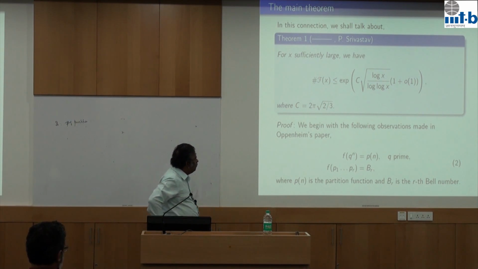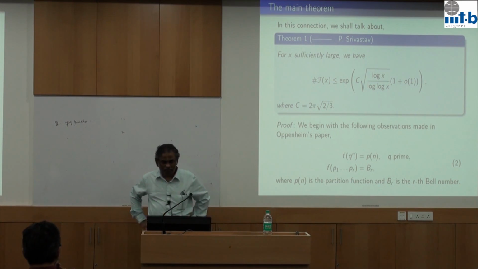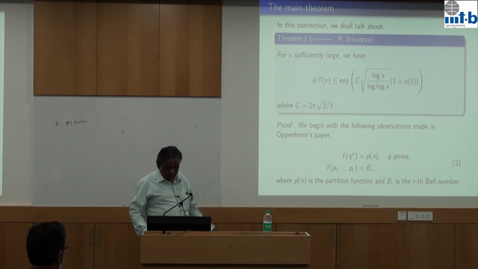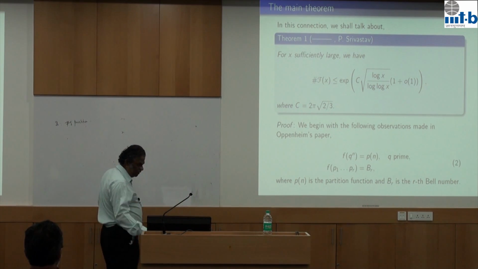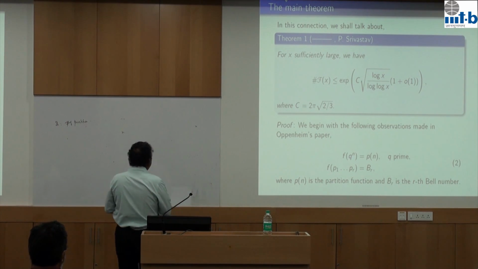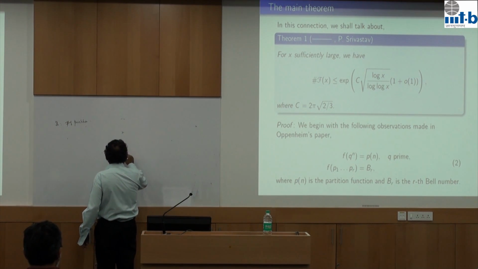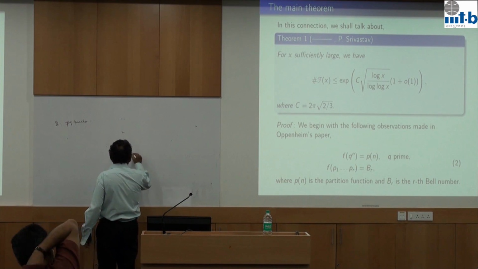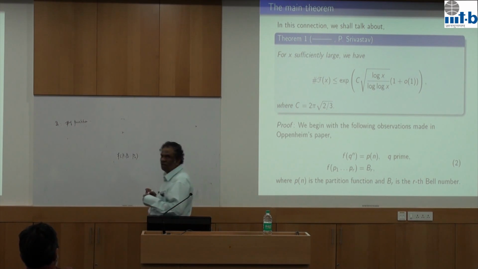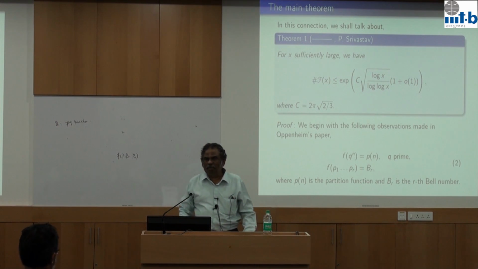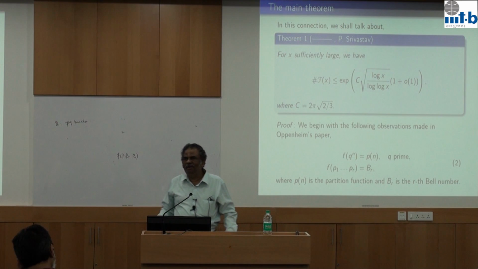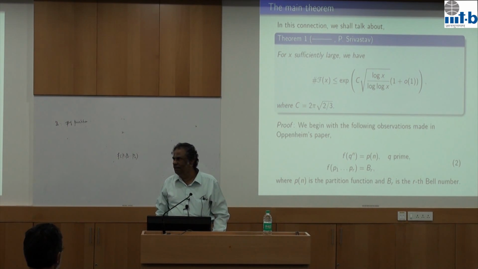Okay. Therefore, first of all, let's make some observations. If you take an nth power, how many ways can p1, p2, etc. pr be written as a product of distinct integers bigger than 1? Okay. And this number is closely related to what is called the Bell number in combinatorics, which most of you would have seen.